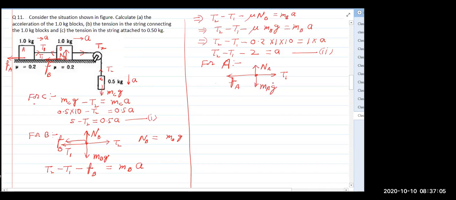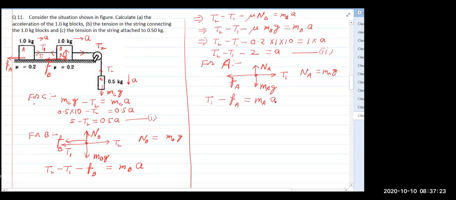These are the forces. Again, NA will be MAg, and tension minus FA equal to MAA.